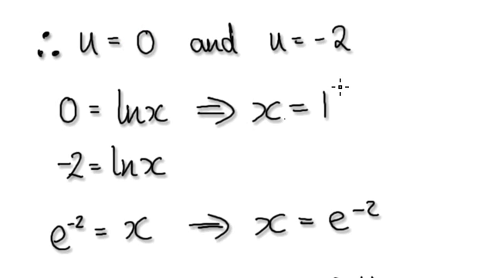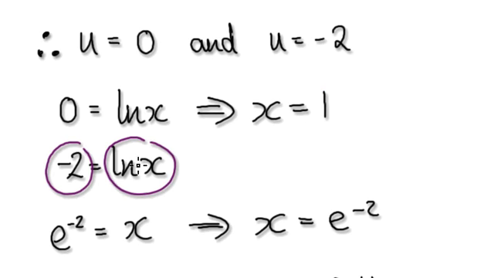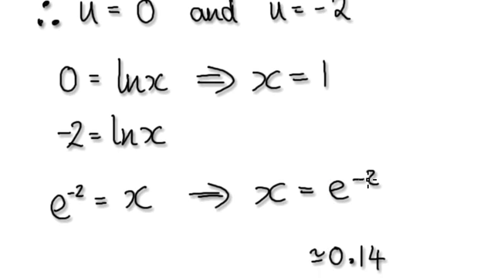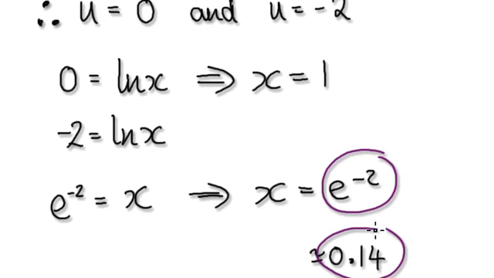So when x equals 1, the gradient will be 0. Then -2 equals the natural log of x. Exponentiate both sides. That will mean that x equals e to the power of -2. When x equals this, the gradient will be 0. This, by the way, approximates to this.